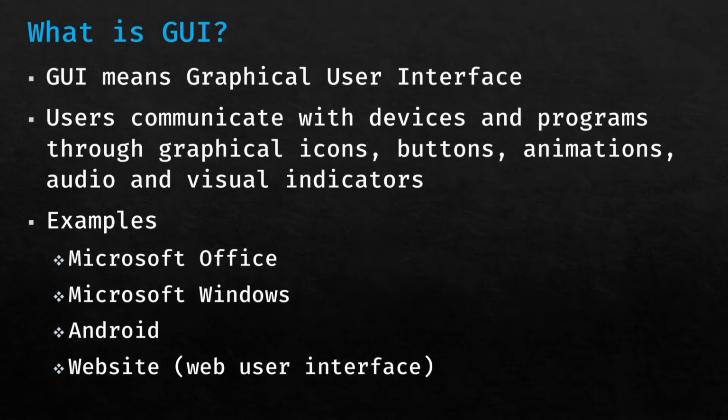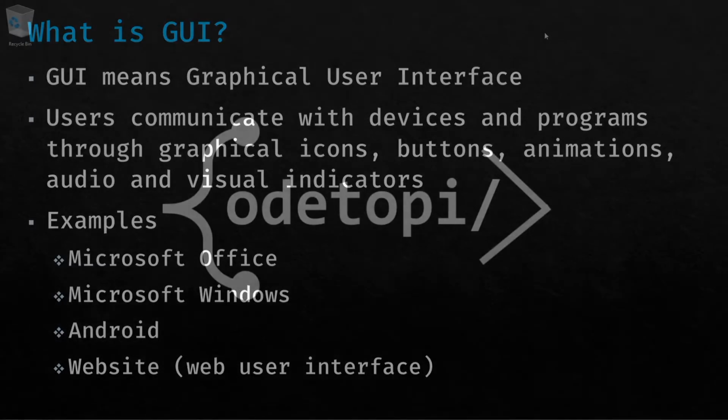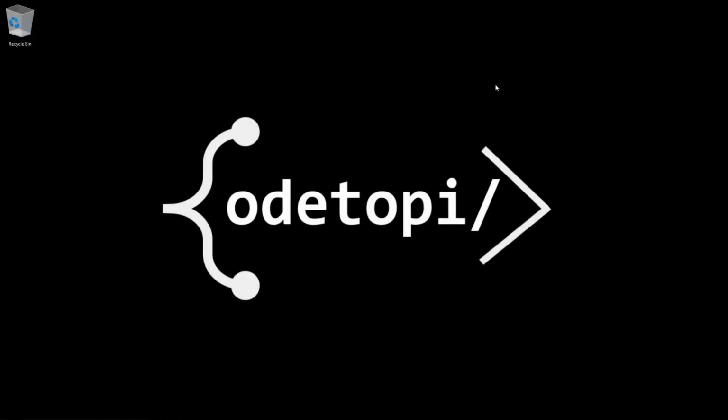Okay, so now without wasting much time, let's go to our Windows screen and have a practical feel of how the GUI looks and how it functions. Welcome to my Windows 10 desktop environment.